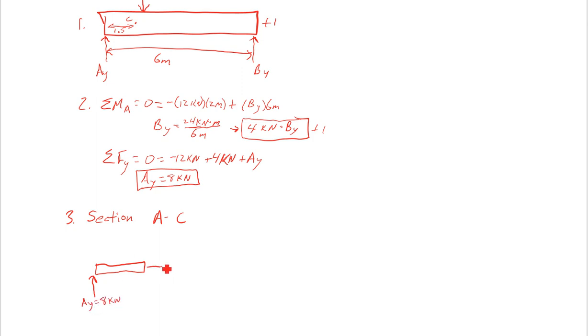At C I have my normal force, and then I have my shear, which is going to be down, VC, and my moment, which is going to be causing the beam to smile. So those are my internal loads. And then what is my distributed load? I'm just going to sketch it in here, the shape of it.